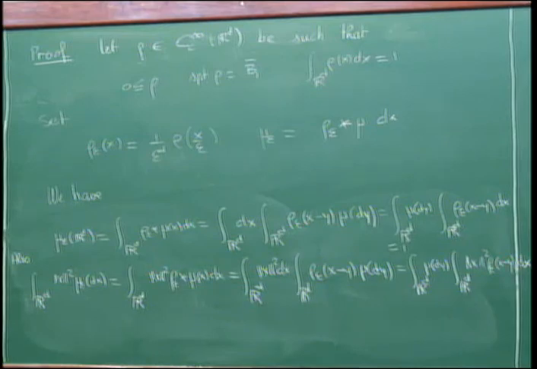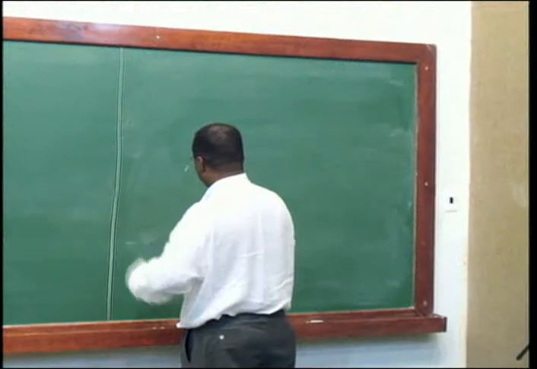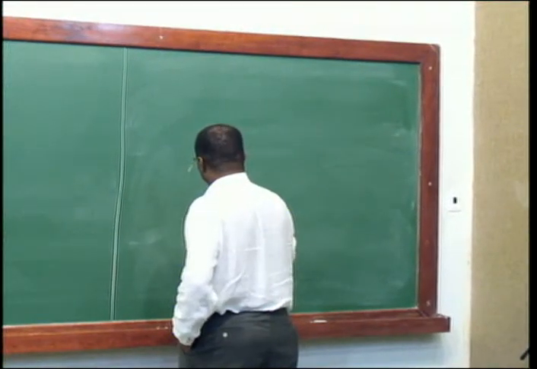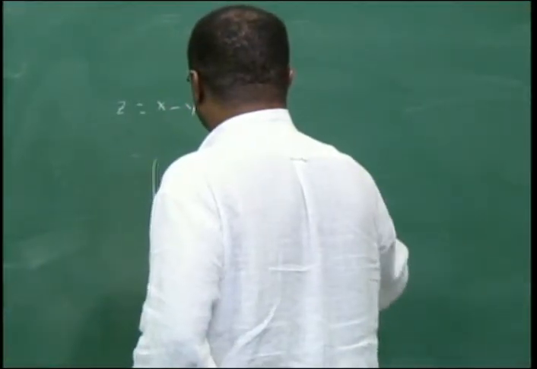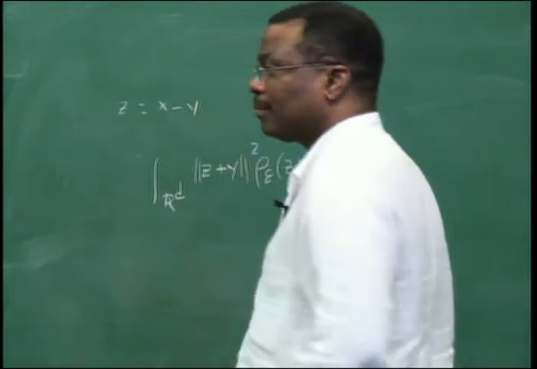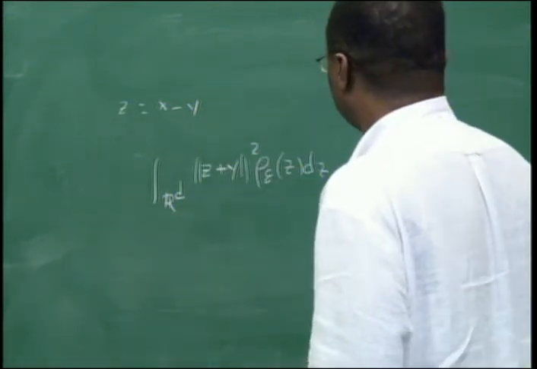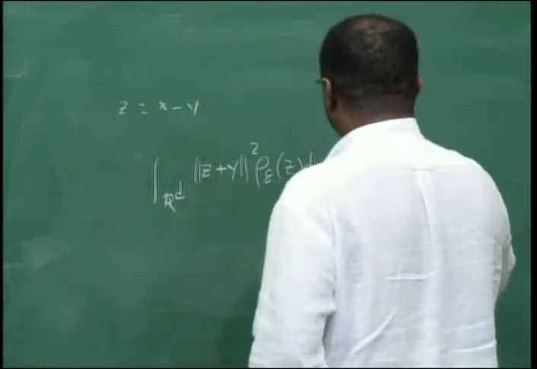So set z to be x minus y. Then the integral is the integral over Rd of, x is z plus y, squared, rho epsilon of z dz. I replace rho epsilon by what it is.